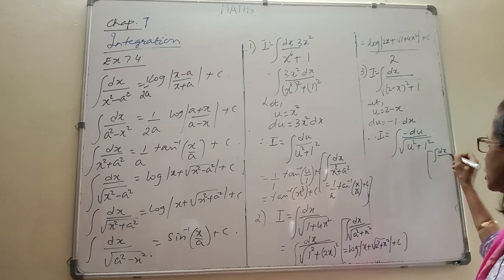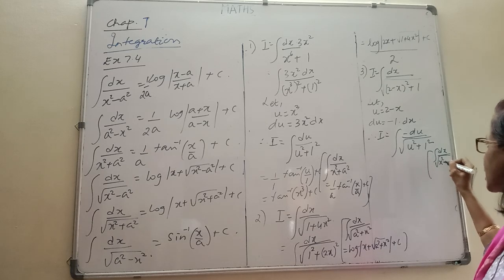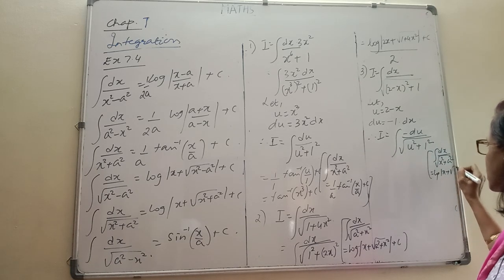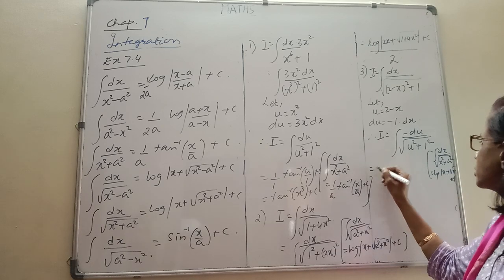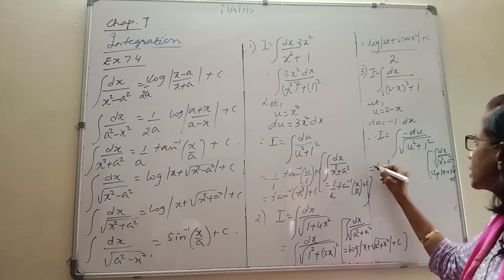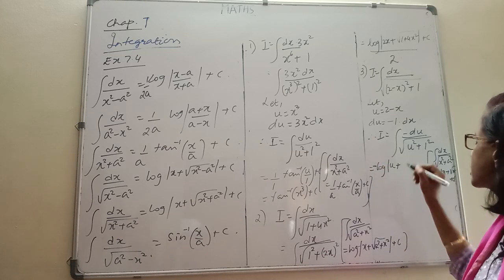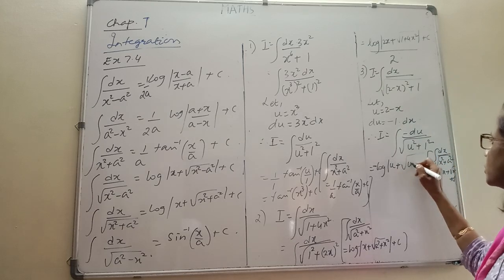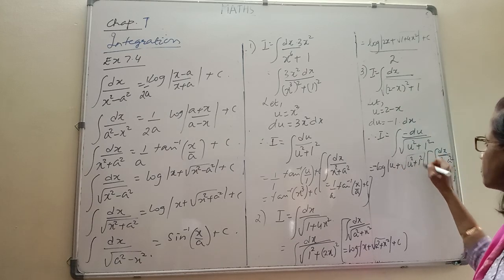Integral of dx over root of x squared plus a squared. So that we know is log modulus x plus root of x squared plus a squared plus c. So let's substitute. This is just log modulus u, negative is there, u plus that root, u squared plus 1 squared plus c.